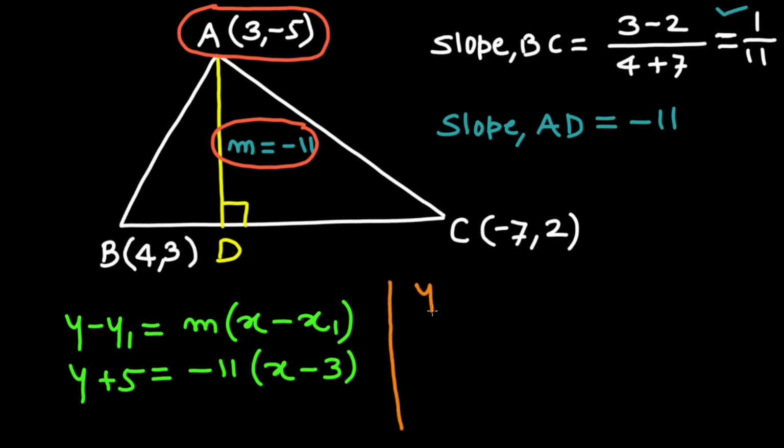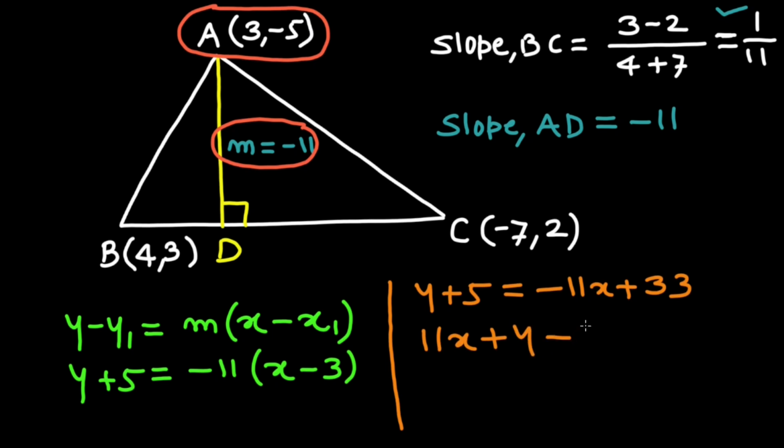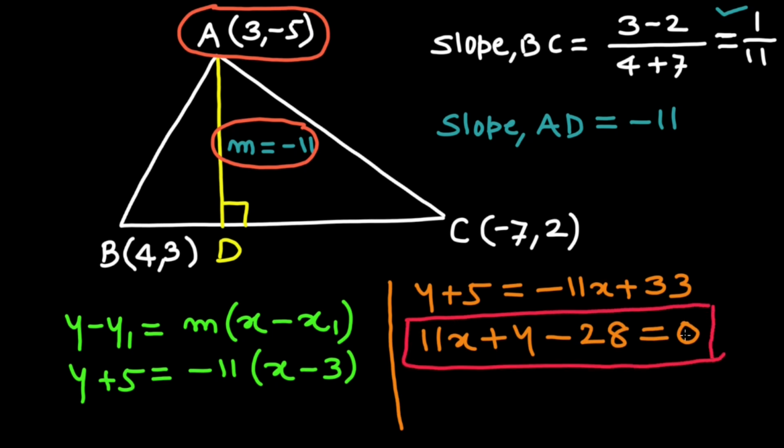It will be y plus 5 equals minus 11x plus 33. That will be 11x plus y minus 28 equals 0. So 11x plus y minus 28 equals 0 will be the equation of this altitude AD.